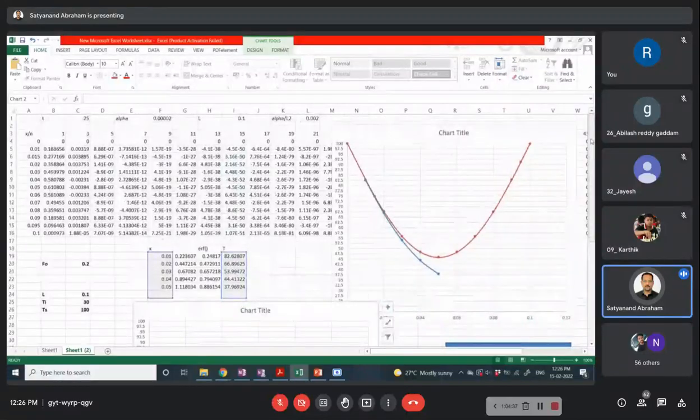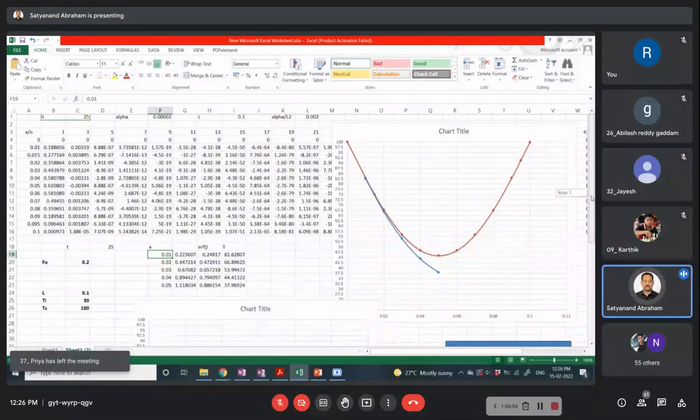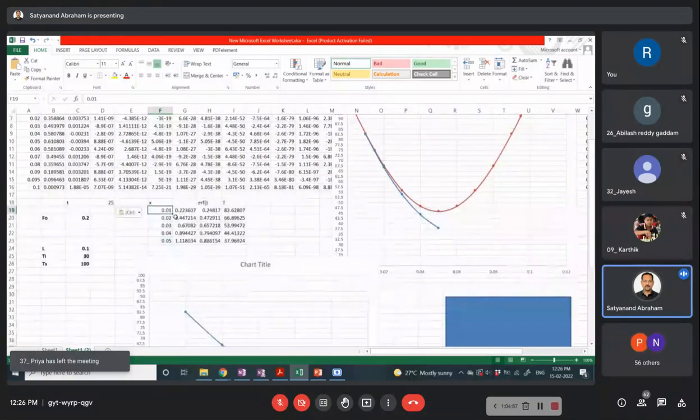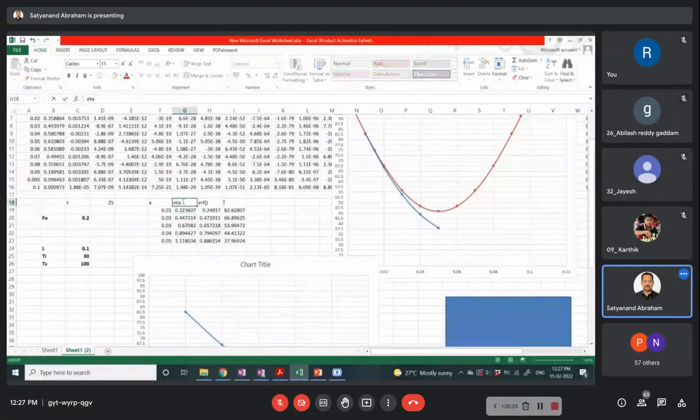Here, how I drew this: I have taken time t equal to 25 seconds, and along the length I have taken 5 points: 1 centimeter, 2, 3, 4, and 5 centimeters. Then you can see this is the eta term.